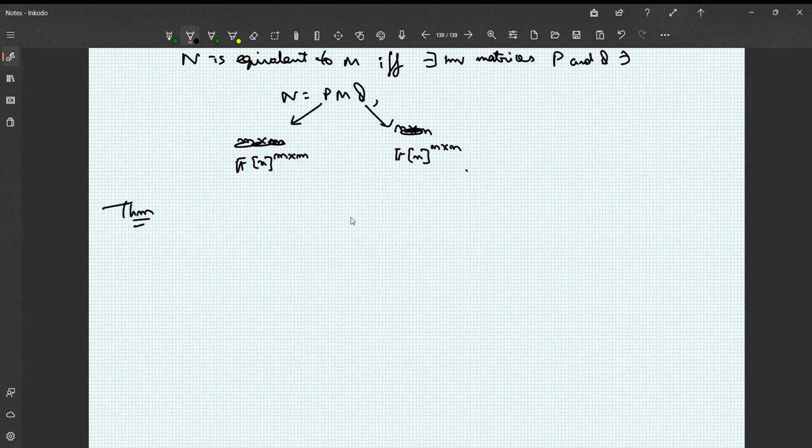Let us come to the next immediate theorem. Yeah, let's do this theorem. I guess this is sort of important. Or let us just directly go to what we call the normal form definition.